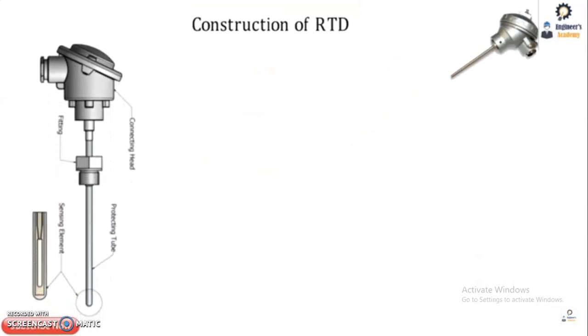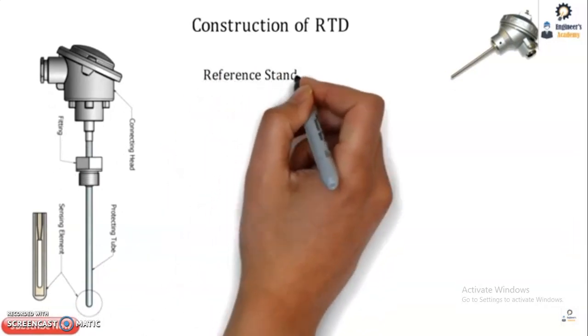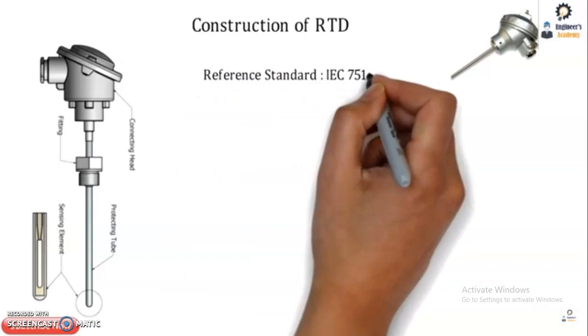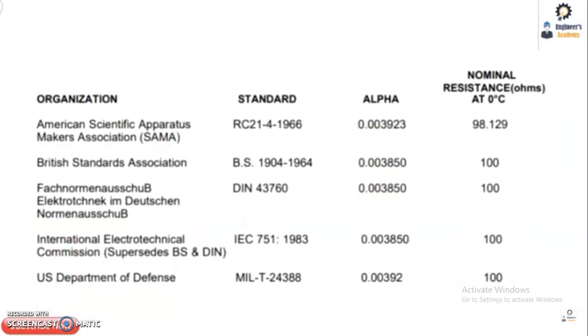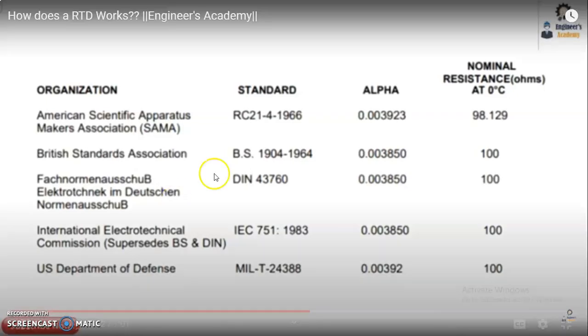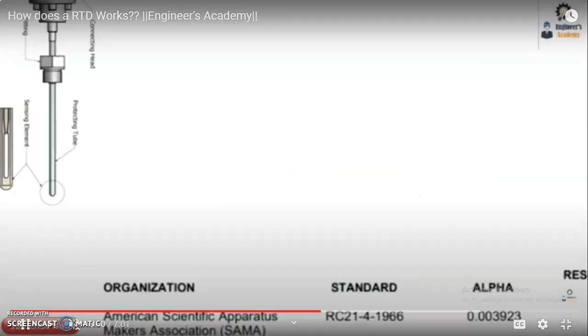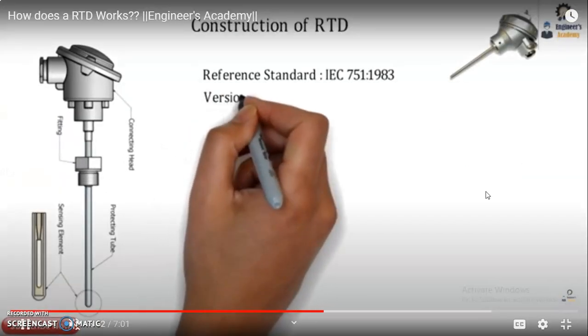This particular industrial one is used for measuring temperature up to 600 degrees centigrade. For the reference standard, they have used IEC. The organizations are American Scientific, British Standard, International Electrochemical, US Department. These are the standards they are using. Then we have the alpha value and the nominal resistance of the particular material used.